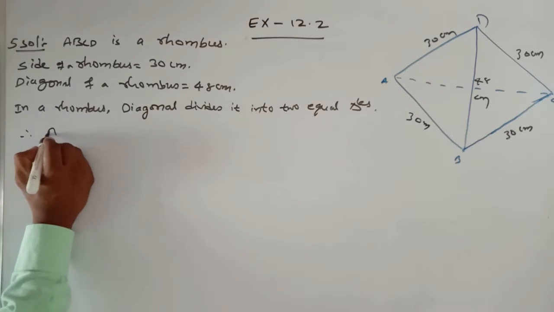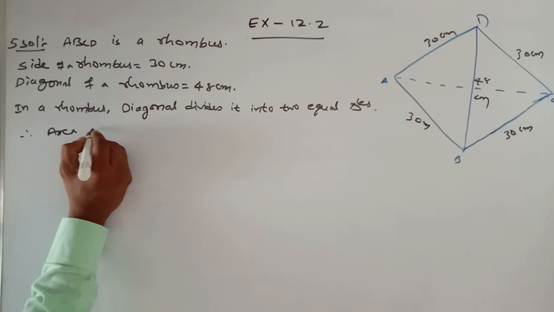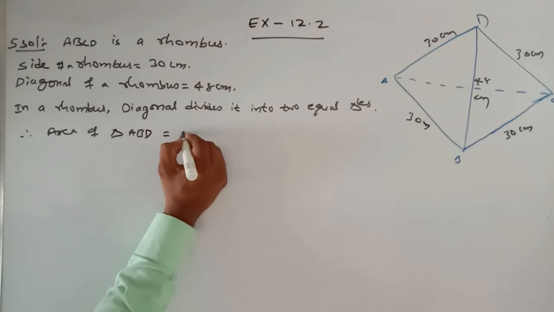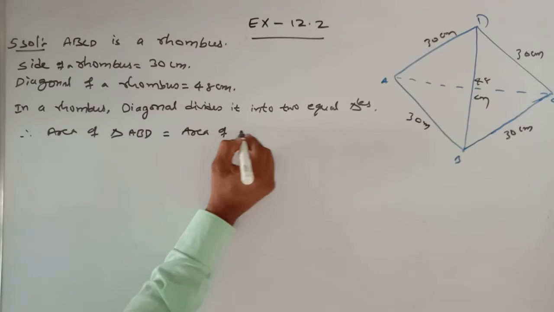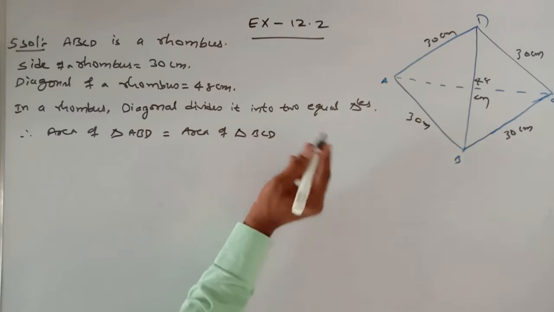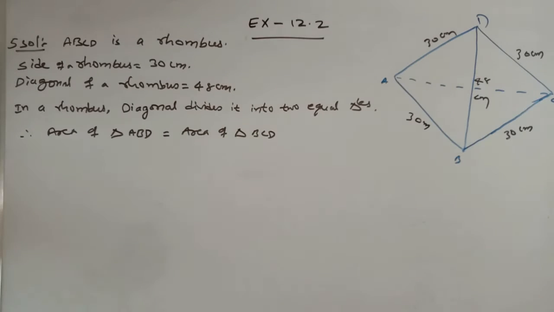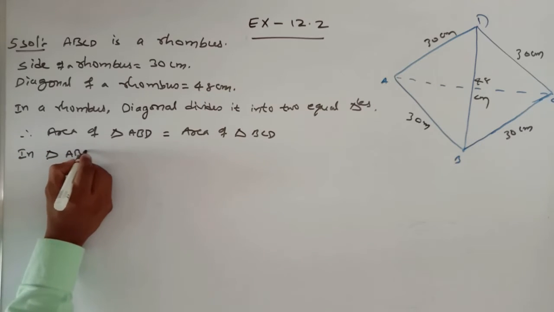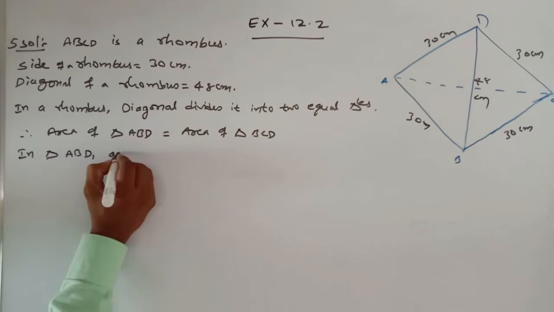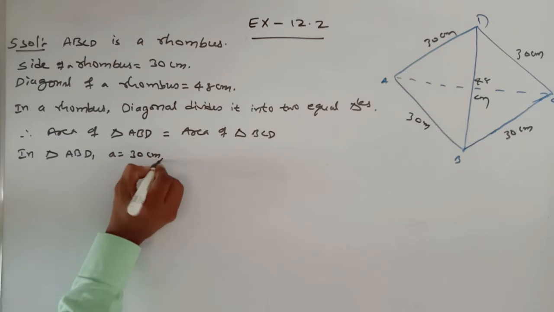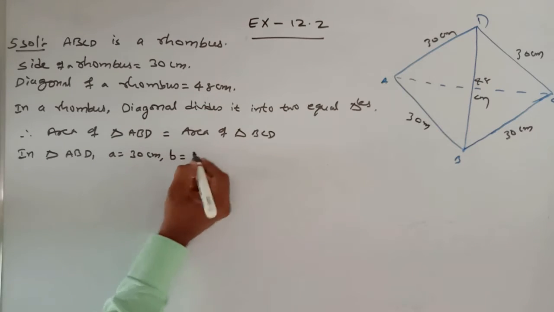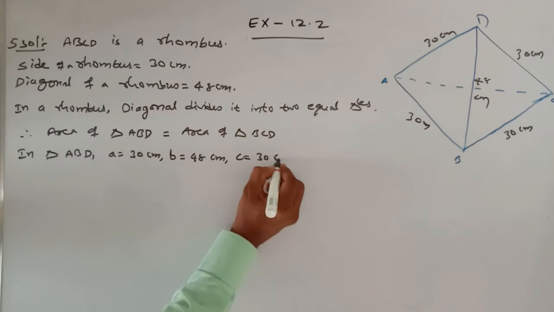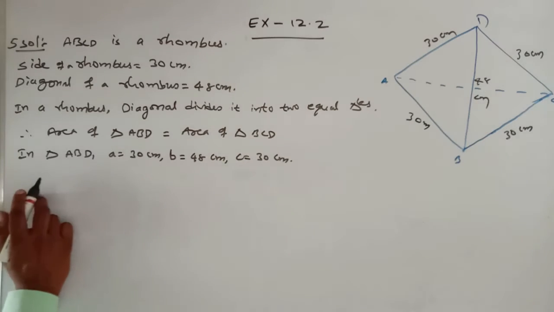Therefore, area of triangle ABD is equal to area of triangle BCD. Now I am going to calculate the area of the triangle ABD. In triangle ABD, a equals 30 meters, b equals 48 meters, c equals 30 meters.